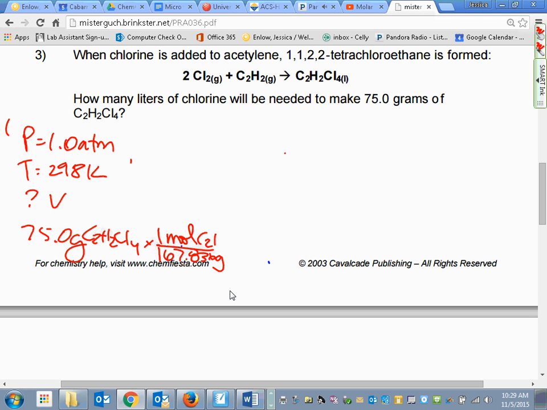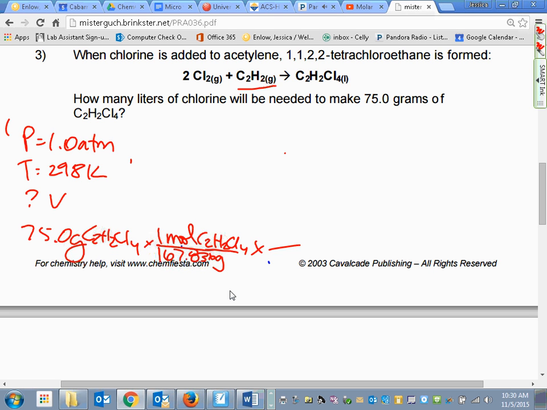Grams. So that's the C2H2Cl4. Okay, and this is getting us close to N, but we're not to N yet because the question was regarding chlorine gas, right? So our N has to be in reference to chlorine, not this acetylene. Oh, this is acetylene gas. This is acetylene gas.